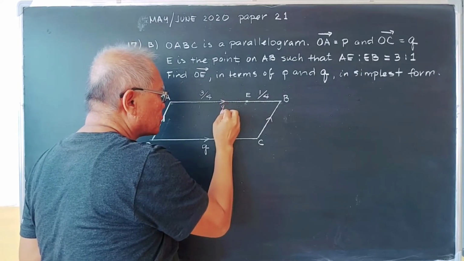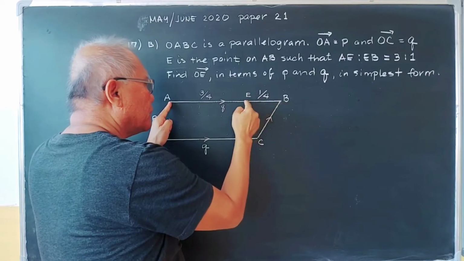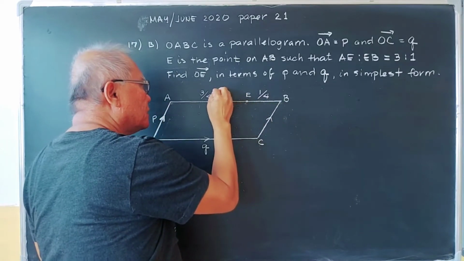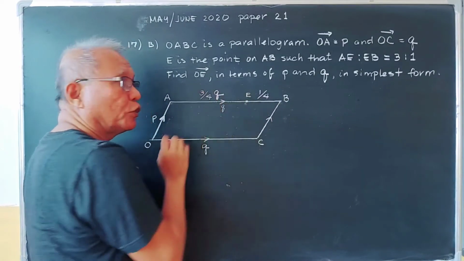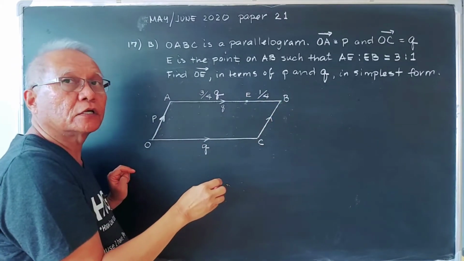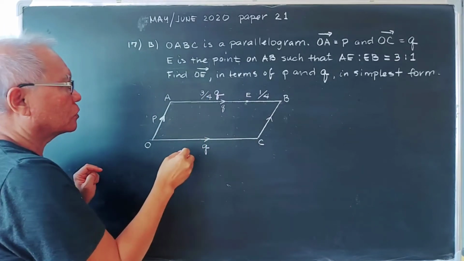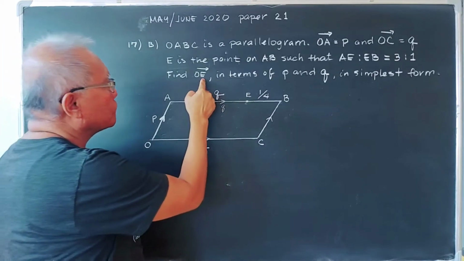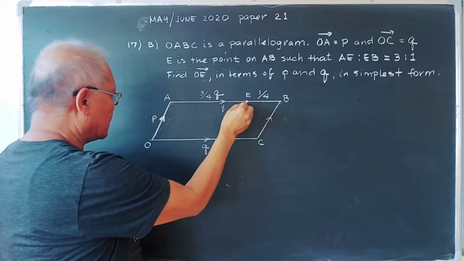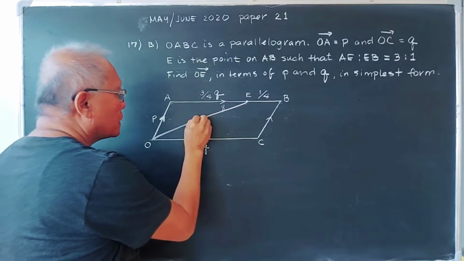So AE is actually 3/4 q, and this one, EB, is 1/4 q. So we'll find now OE, or the position vector of E.